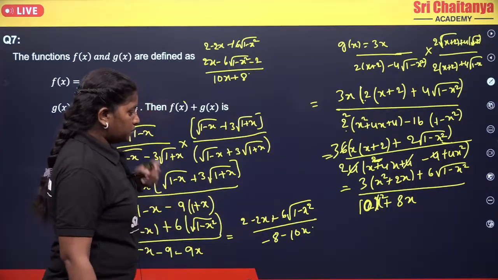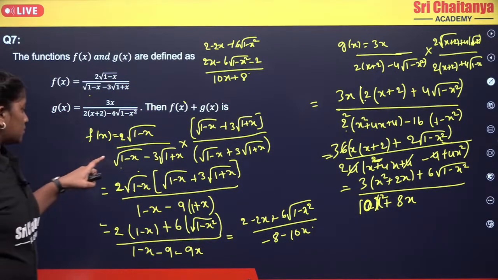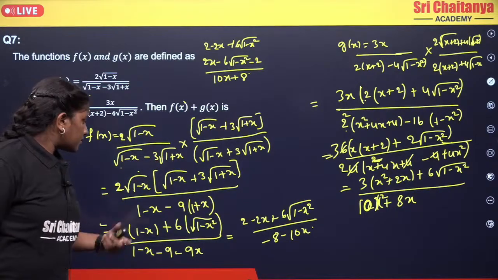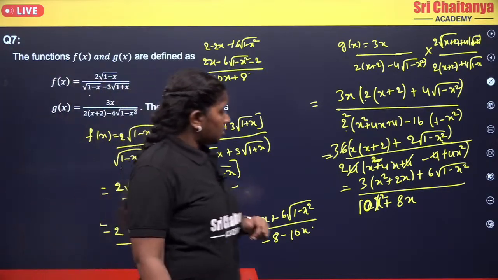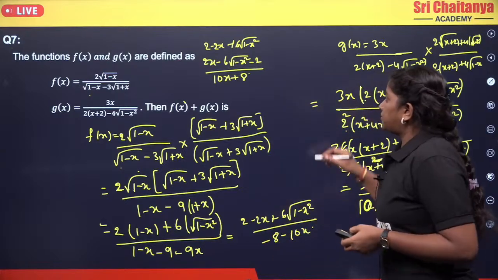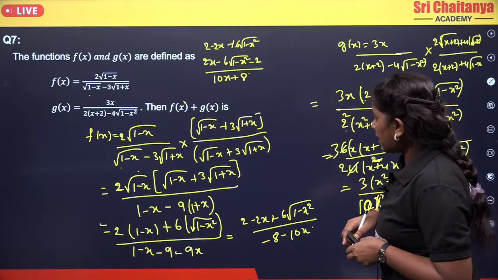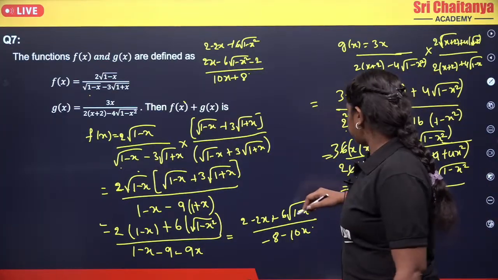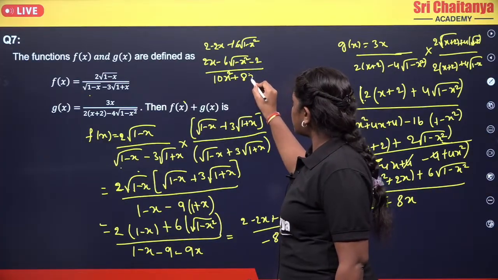Okay, so now is it 10x only? 1 minus x minus 9 into 1 minus x, so 1 plus x, yes. So I think we will be having our x square, because here we will be getting our 10x square, so somewhere x got missed, so here also you will be getting your 10x square plus 8x.